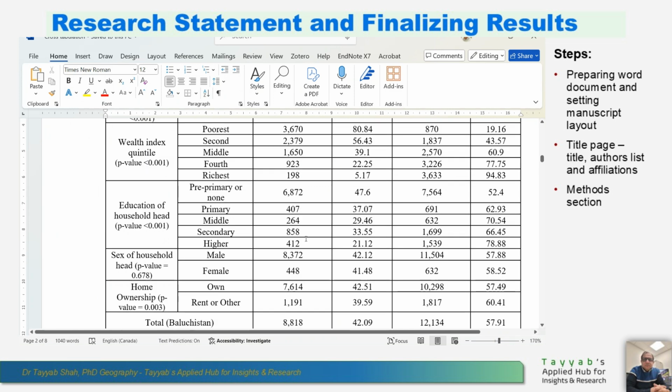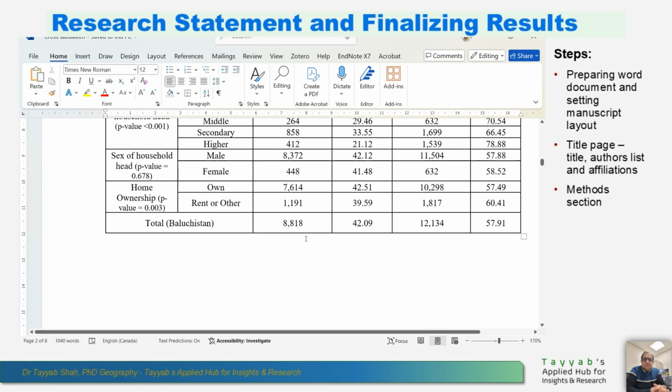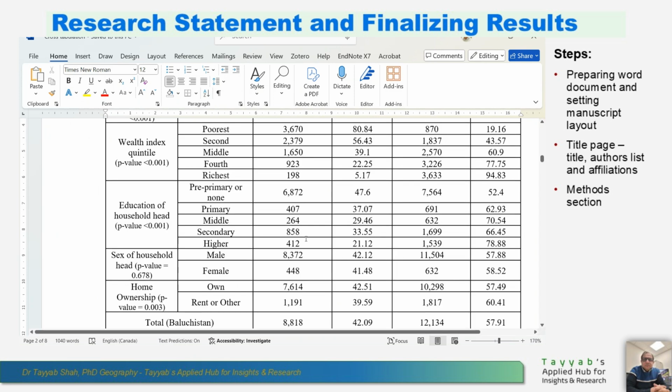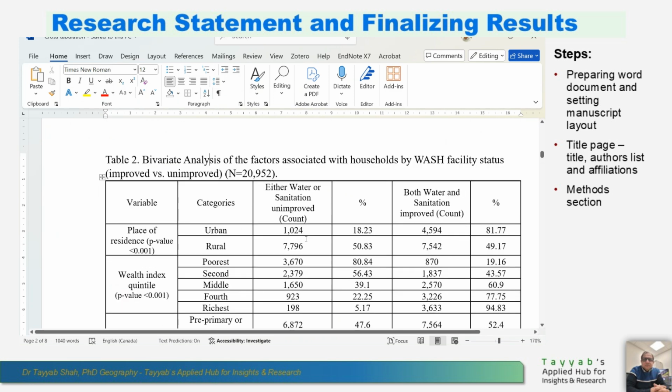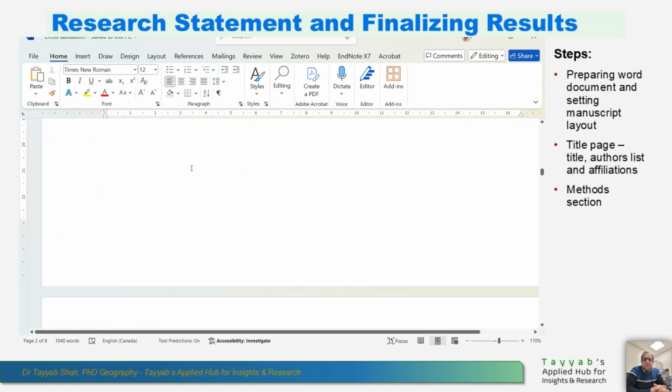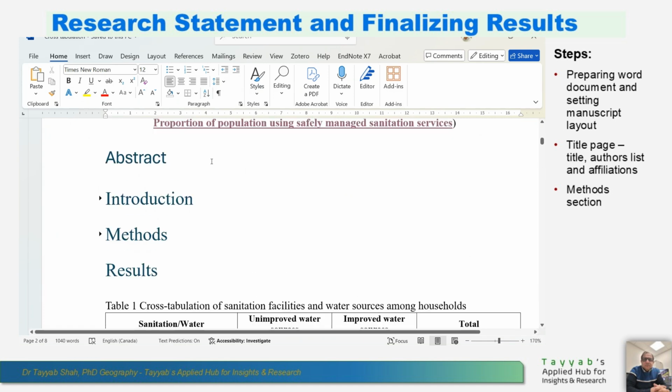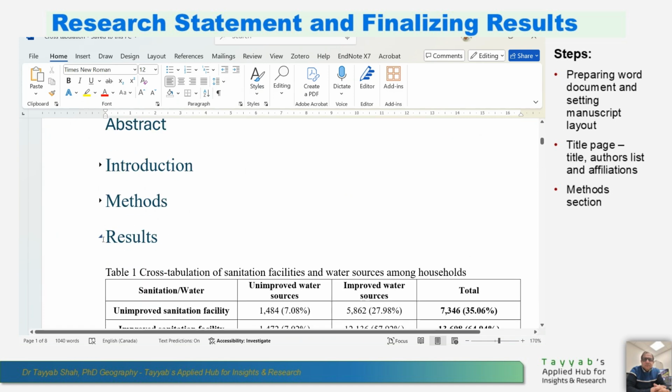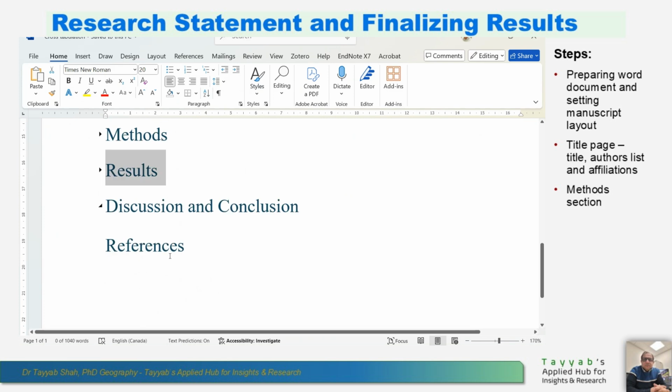We are not going to discuss it here, but just give a general pattern and outcome of the table. These are the three things we normally discuss about one piece of information, one table or map, in our results. Then in the next session we will talk about how we will construct and write the other sections, including the discussion and references.